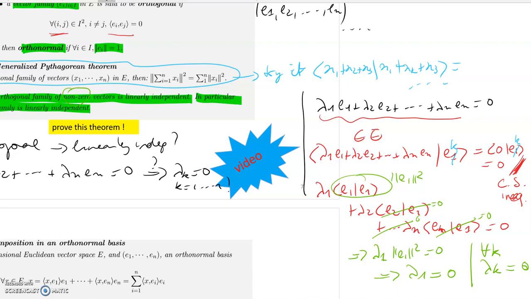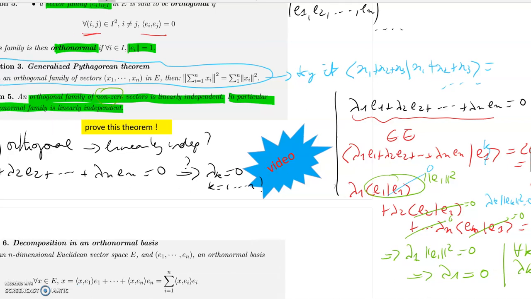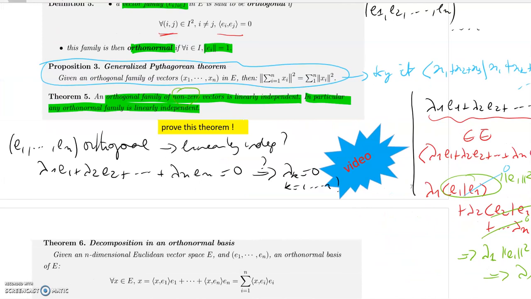You would get 0 everywhere, except lambda k norm of ek squared is equal to 0, and so lambda k is equal to 0. That's pretty intuitive. If you've got orthogonality, then it's linearly independent. If in the family they are all orthogonal 2 by 2, it means that they are linearly independent. And in particular, any orthonormal family is linearly independent.